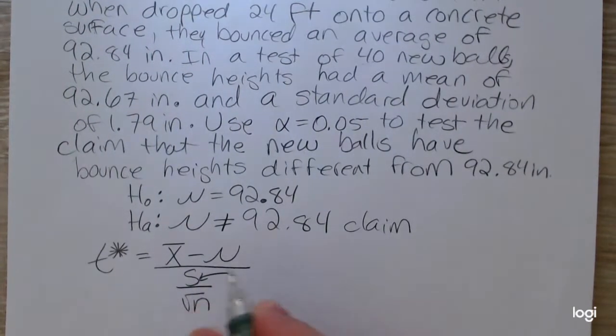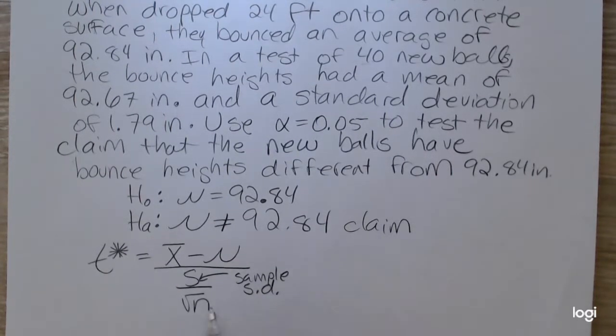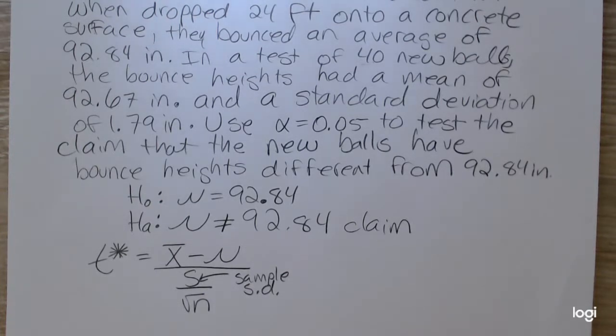Now this s is the sample standard deviation. Why are we using s? Because we do not know the population standard deviation. All we are given in the problem is the sample standard deviation.